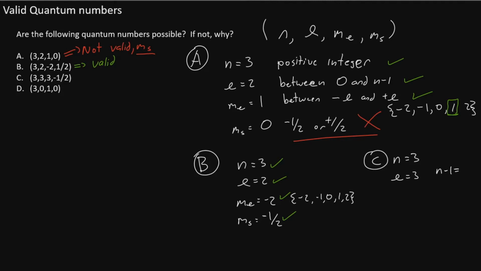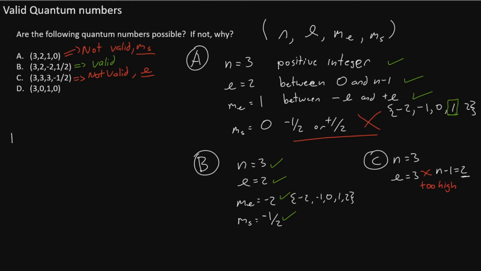But n minus 1 is equal to 2, and so this 3 we have for L is too high. Based on that, we can stop right now and say that this configuration is not valid. The reason it's not valid is because the L is too high.